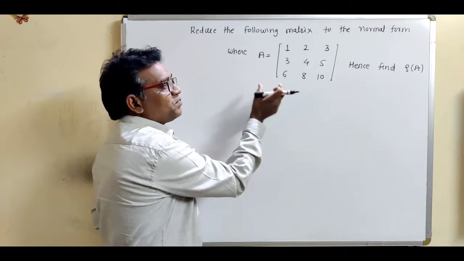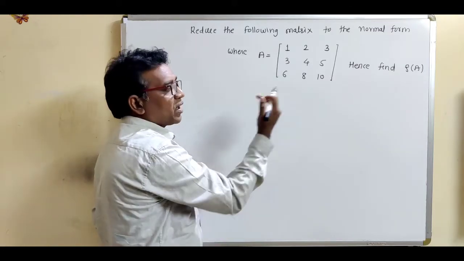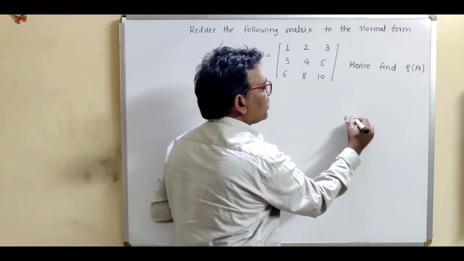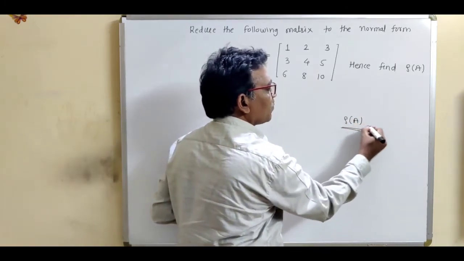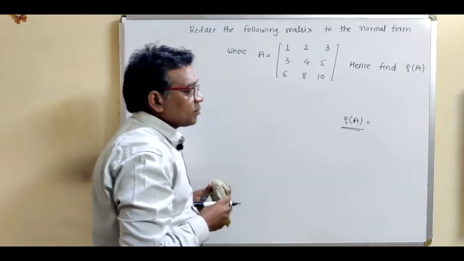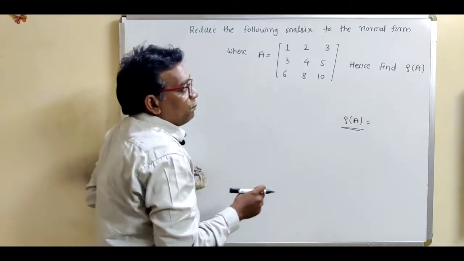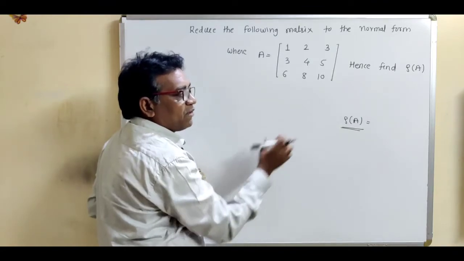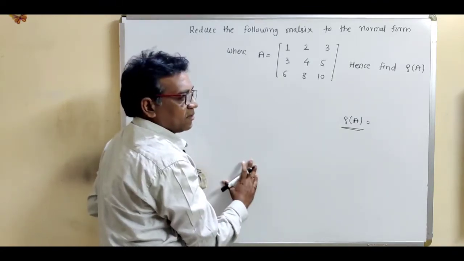By reducing this matrix to the normal form or canonical form, we have to find the rank of the given matrix A. So see, by using the normal form or canonical form, we can find its rank.